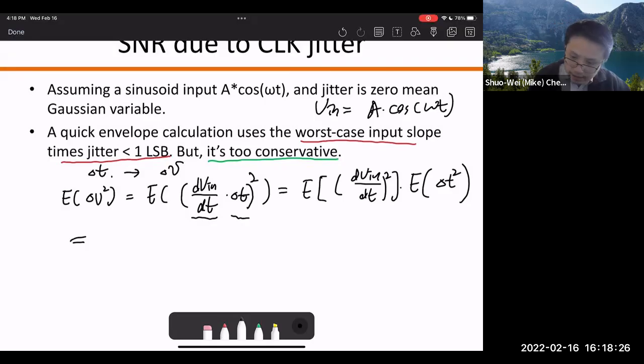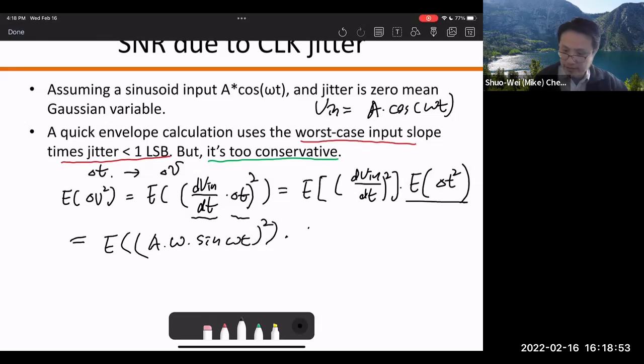Then dV/dt, the derivative of cosine omega t, equals minus omega times sine omega t. So this is (A omega sine omega t) squared, times the expectation of delta t squared.